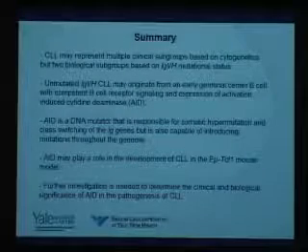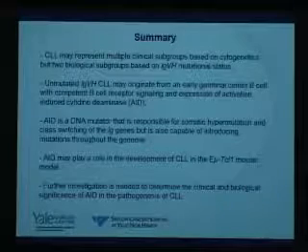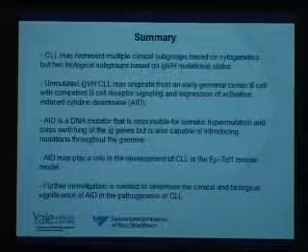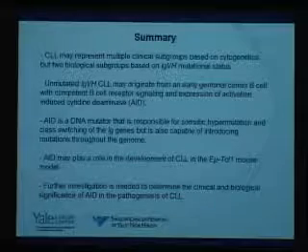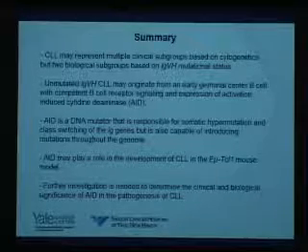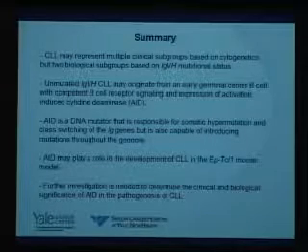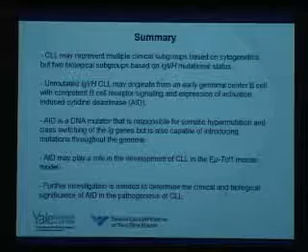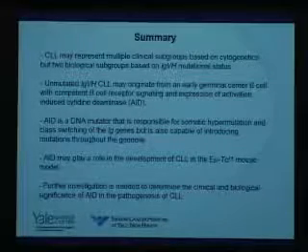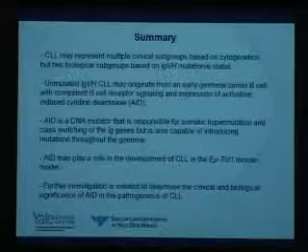Just to summarize, CLL may represent multiple clinical subgroups based on cytogenetics, but two biological subgroups based on IgVH mutational status, as well as response of B-cell receptor to signaling. Unmutated IgVH CLL may originate from an early germinal center B cell rather than a pre-germinal center B cell, with competent B cell receptor signaling and expression of AID.